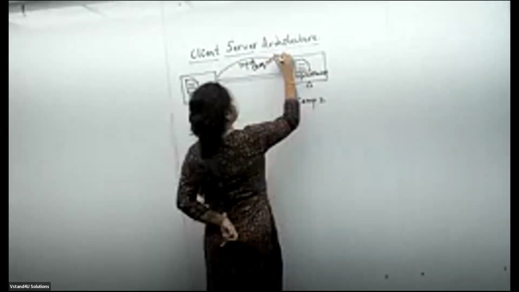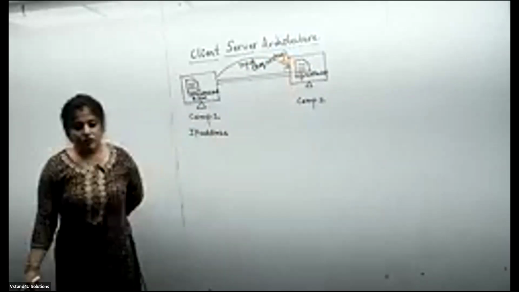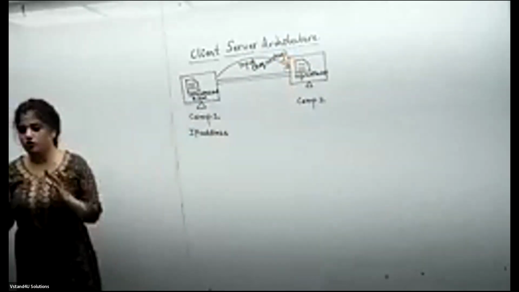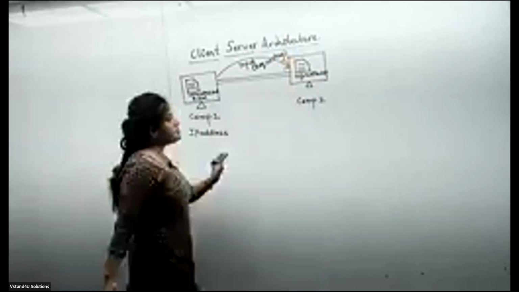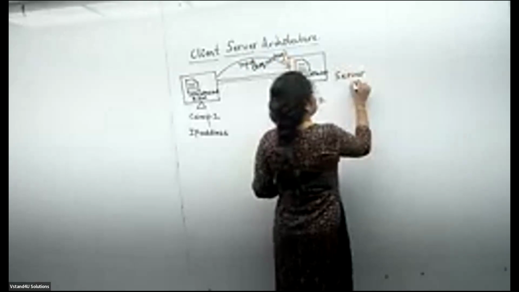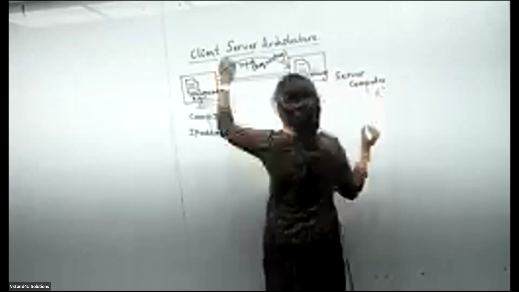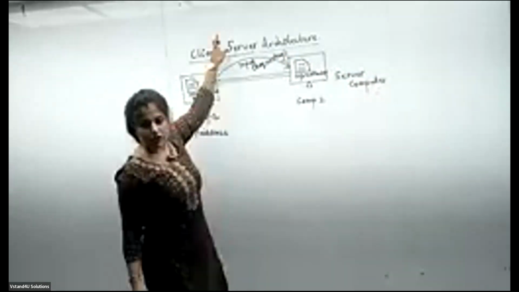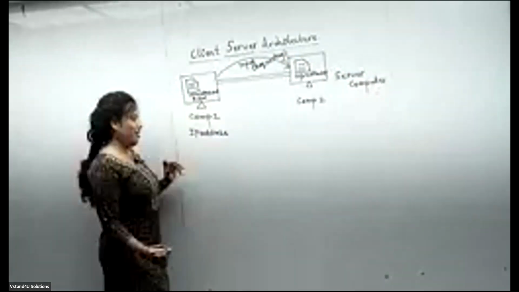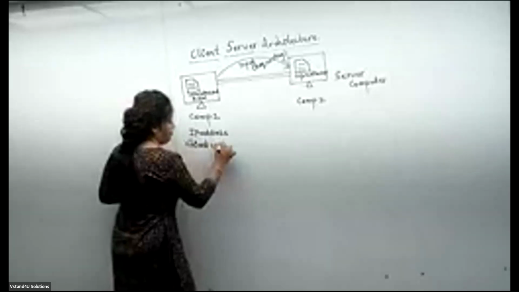Requesting. Who is requesting? Computer 2. That means computer 2 is called your server computer. One part clear? Server is clear. Then this is your client computer.